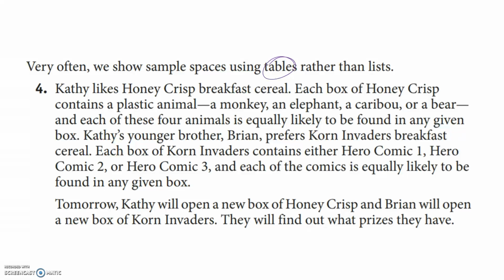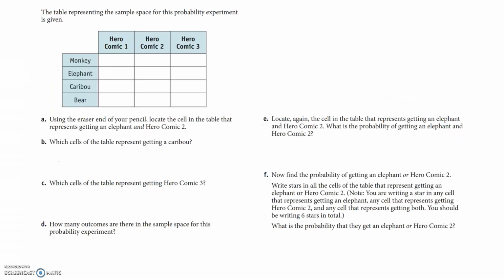I want you to read this one. Once you have finished reading the scenario here, go to the next page at 561, and you're going to answer question 4 all the way to F. I'm going to go ahead and shift that to the next page.